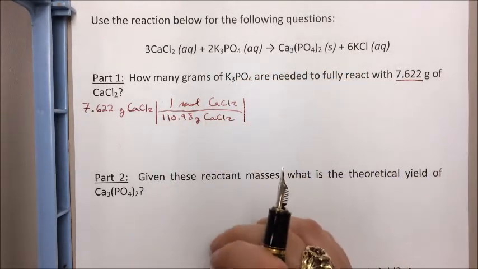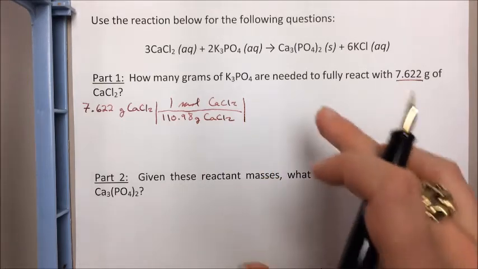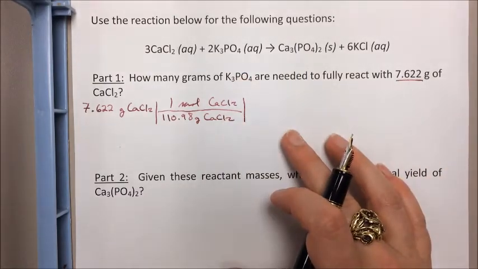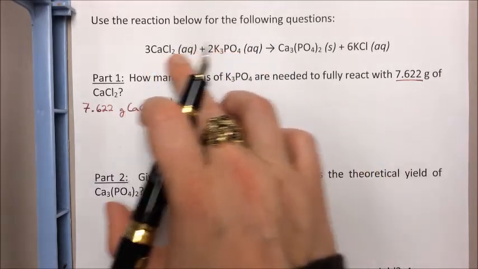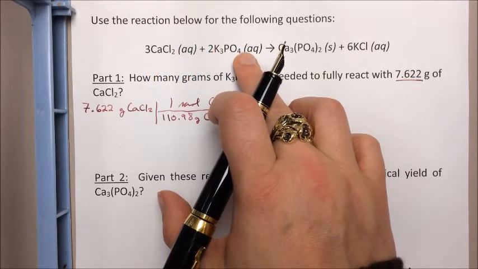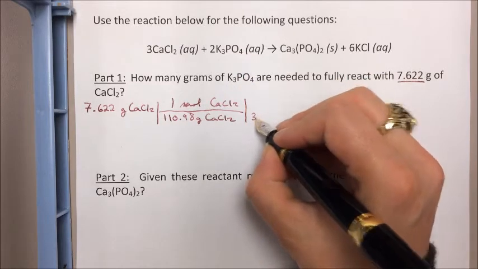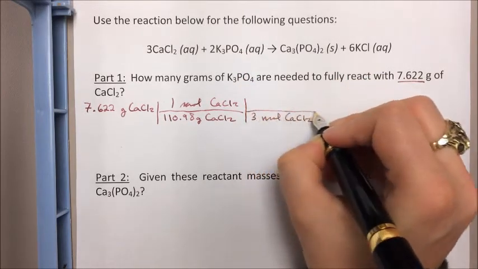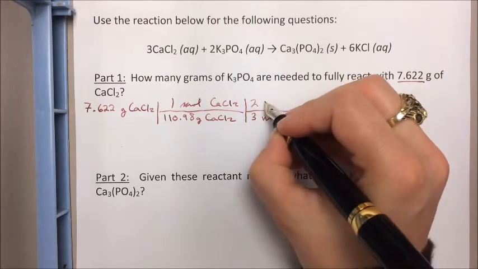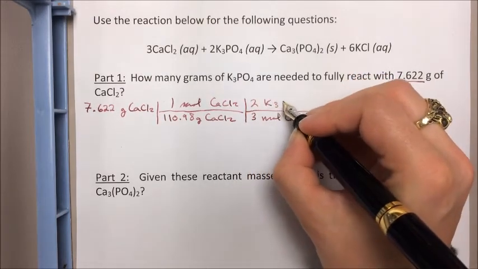Now that we're in moles of CaCl2, we can convert to moles of potassium phosphate, K3PO4. And we do that by pulling the mole-to-mole ratio from our balanced chemical equation. We can see here 3 moles of CaCl2 is 2 moles of K3PO4.